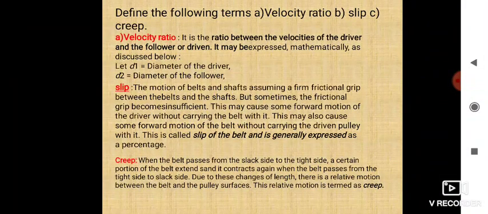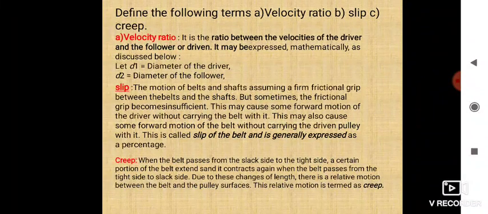This may cause some forward motion of the driver without carrying the belt with it. This may cause some forward motion of the belt without carrying the driven pulley with it. This is called slip of the belt, and generally it is expressed in terms of percentage.